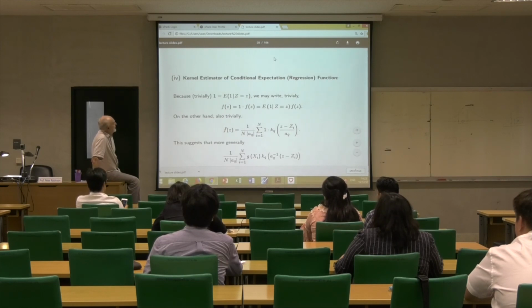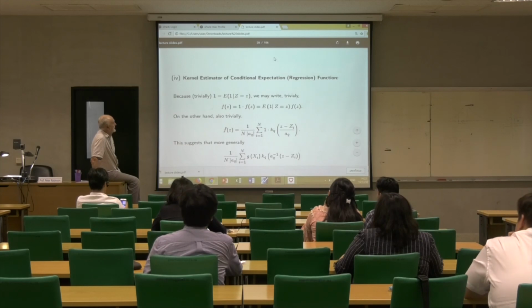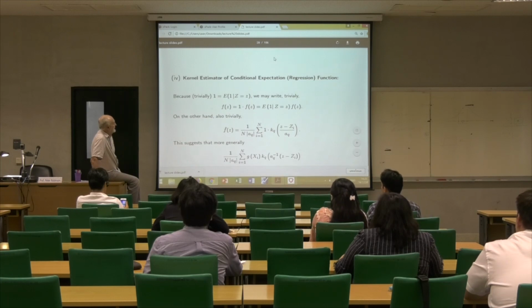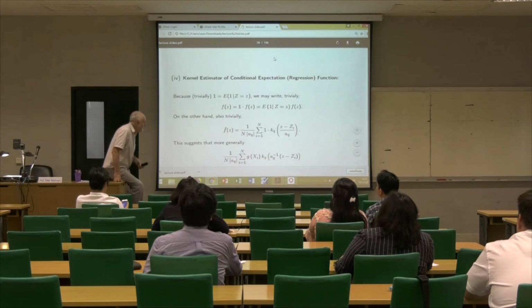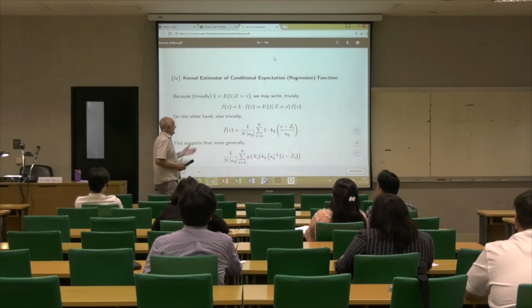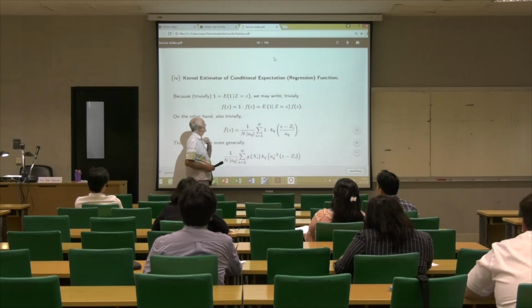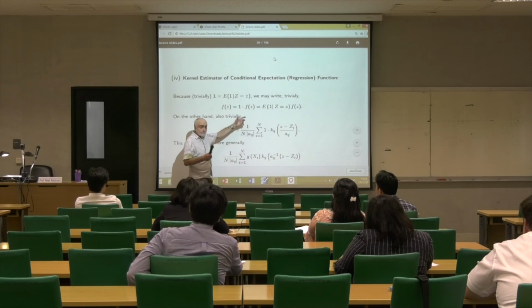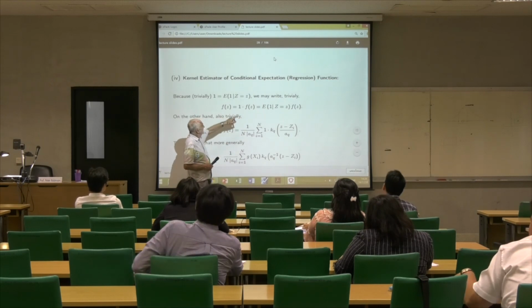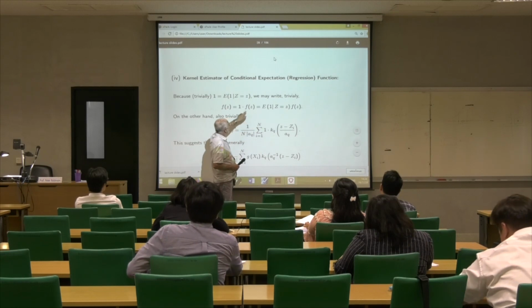Anyway, I don't know if we really need my kind of explanation of how the kernel regression estimate arises, but essentially, I'm sort of saying, this is like an artificial step, it's true. f of z is 1 times f of z, and the expectation of 1 given z is 1.